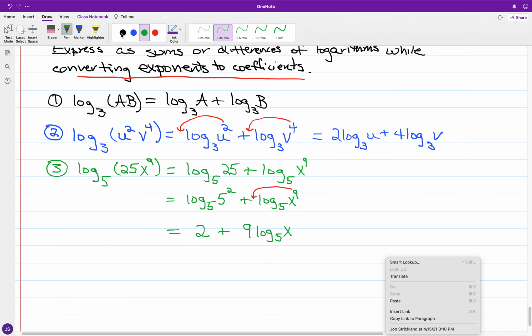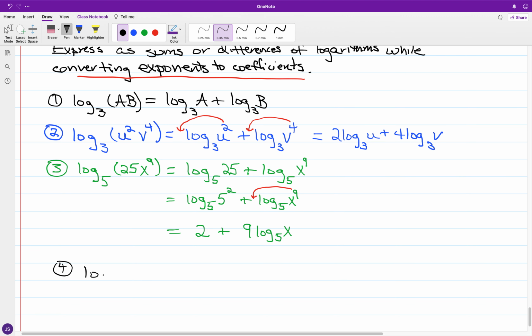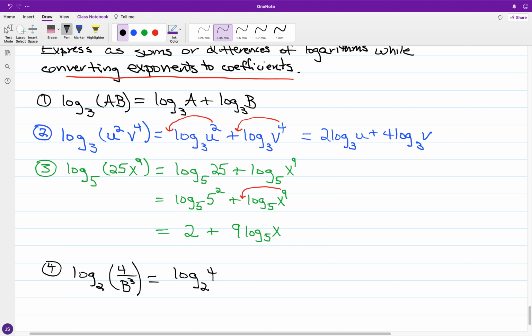And so, the remaining item here. If I have, let's say, the base 2 logarithm of 4 over b to the 3rd. Here I'm going to have the base 2 logarithm of 4 minus the base 2 logarithm of b to the 3rd.